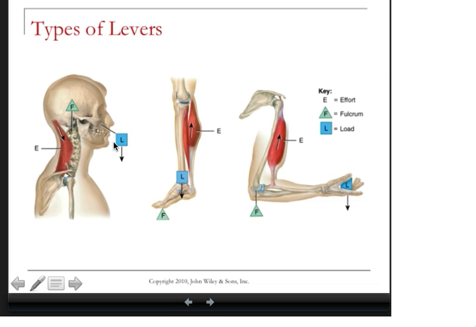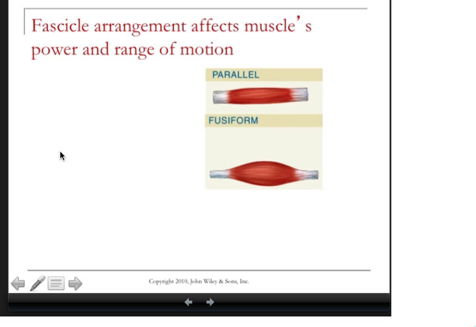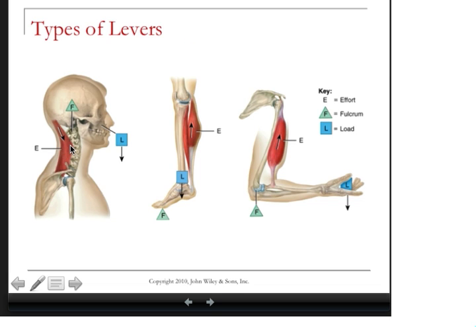So as the head tips forward, if you apply a contraction to the splenius capitis, what will happen is that it will pull the head back in the other direction, and the fulcrum around which it will rotate is the joint between the skull and the top of the vertebral column.